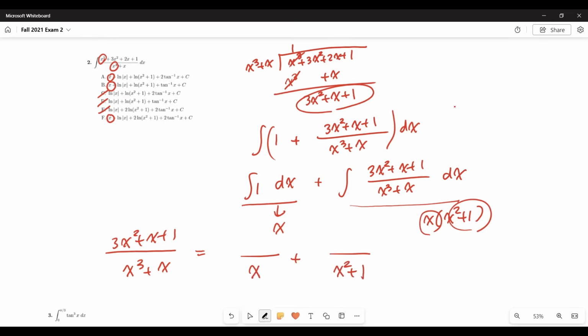Since x, in this case, has an exponent of 1, the numerator will have exponent 0, meaning it will be just a constant. And if there's a squared value in the denominator, the numerator will be x, meaning it will be Bx plus C.